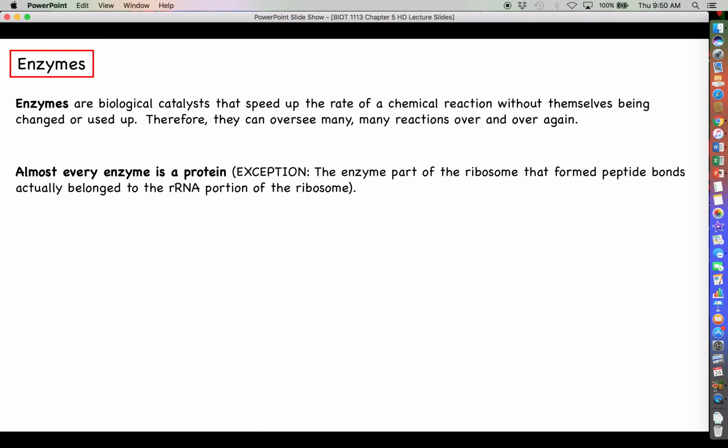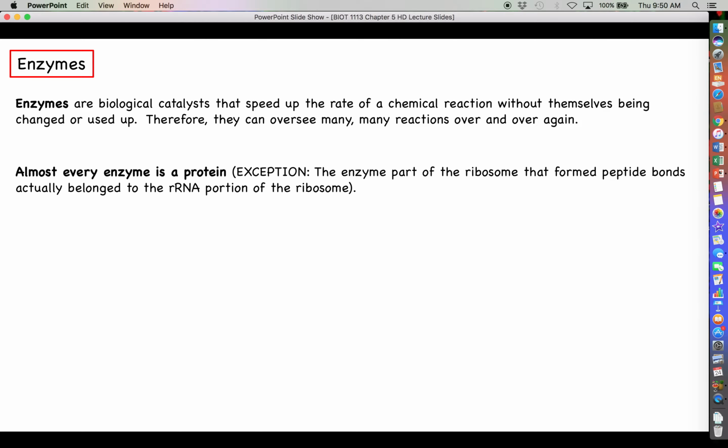Like I said, almost every enzyme is going to be a protein, but there are a couple of exceptions. The most notable exception that we've already seen is the ribosome. The ribosome had an enzymatic activity called peptidyltransferase. It's what allowed the ribosome to form peptide bonds between amino acids that are attached to tRNA molecules.